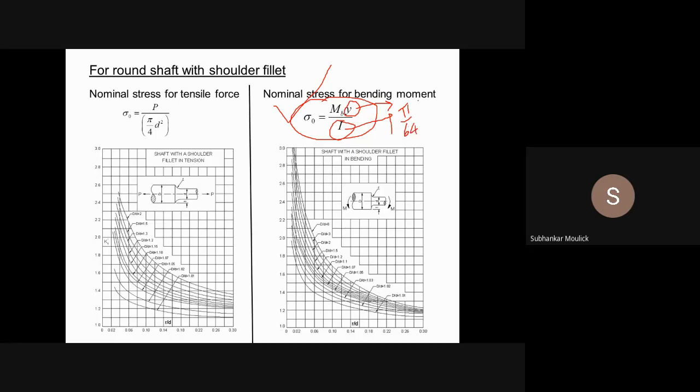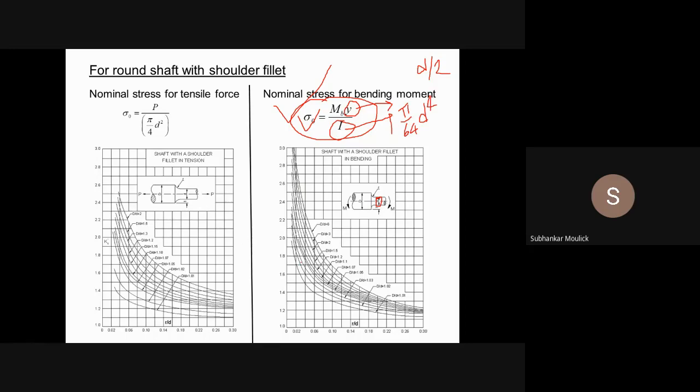But which d to the power 4, capital D to the power 4 or small d to the power 4? Say it. Sir, small. Yes, because at this small diameter cross-section, sigma naught will be maximum. So the value of Y will be small d by 2 and the value of I will be pi by 64 small d to the power 4.